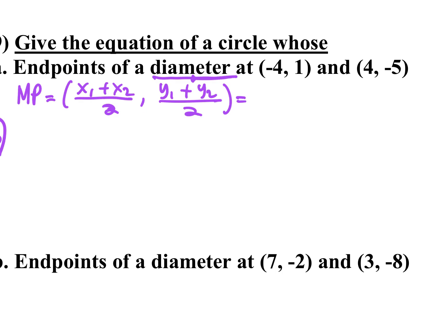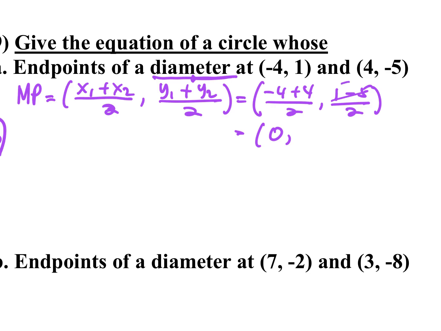So this is going to give you, my x1 is negative 4 plus 4 divided by 2. Okay, and the other one is going to give you 1 minus 5 over 2. Now, this is going to give you 0 over 2. 0 divided by 2 is the same as 0. And 1 minus 5 is negative 4.